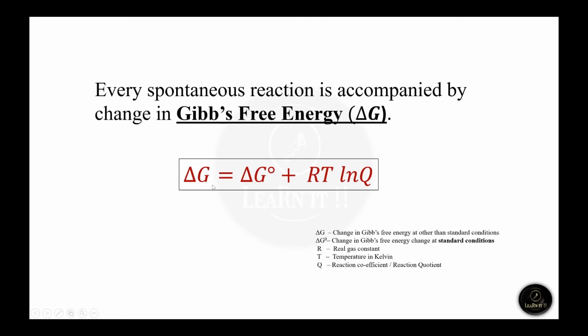Here delta G depends upon all these factors, but delta G naught is specific for a specific reaction. R is constant as it is the gas constant. T, temperature, is constant, it is 298, but the variable is Q. So we need to know what Q is.